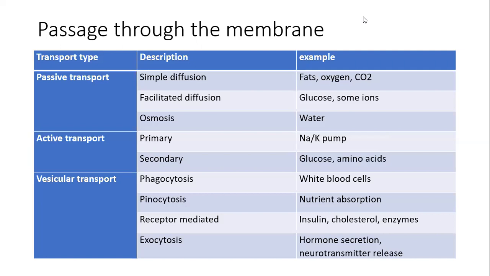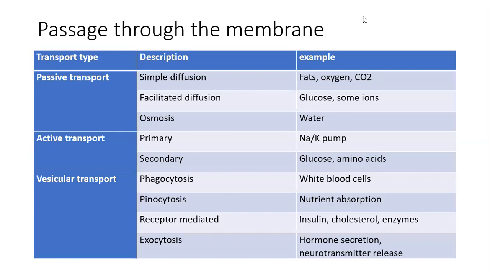And then there's vesicular transport. One example of that is phagocytosis, and white blood cells use that quite a bit. Pinocytosis is also that, the little inclusions that happen where they suck in materials through the cell membrane, and nutrient absorption is an example of that.